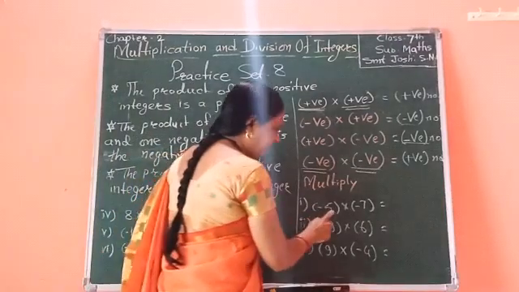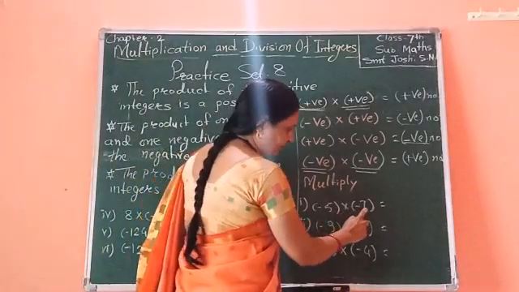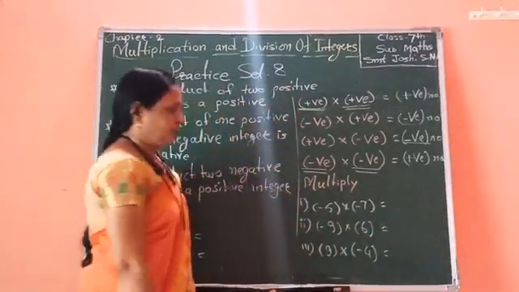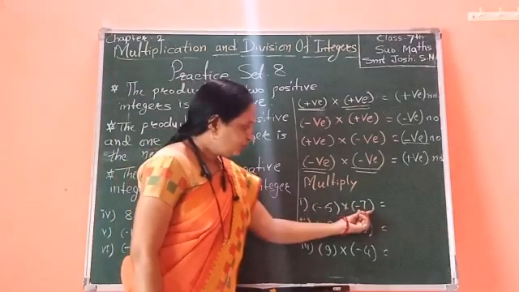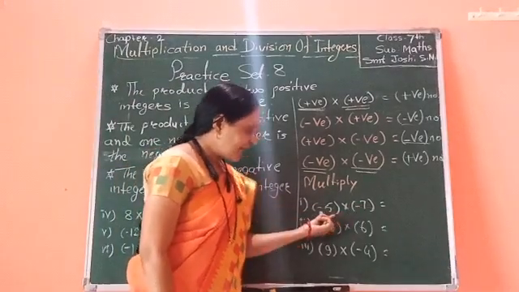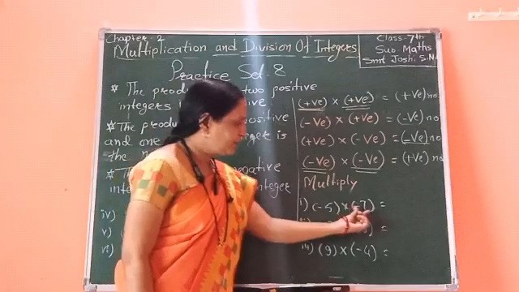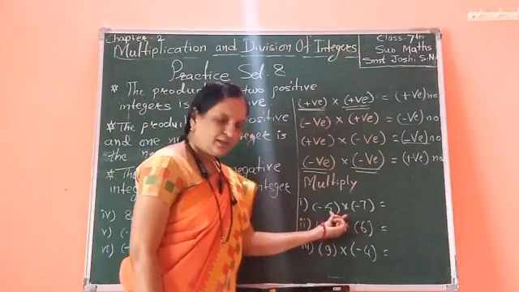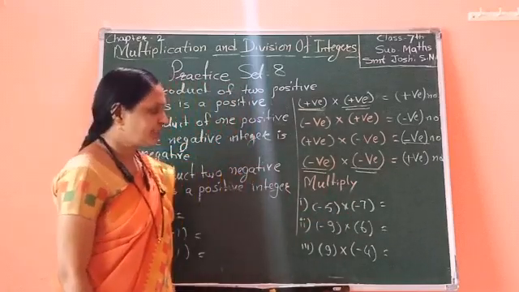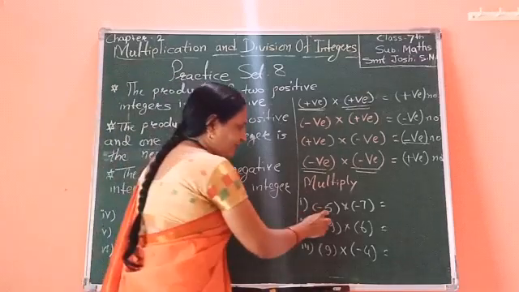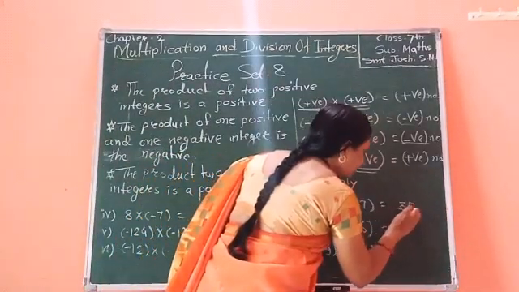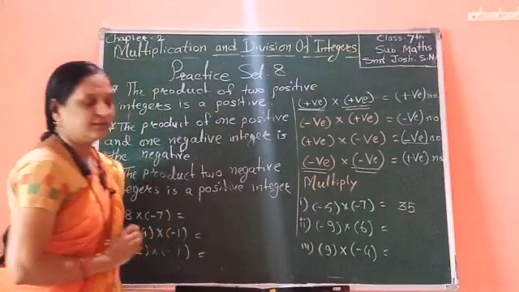First example, -5 into -7, means the given two integers are negative. Given two numbers are negative means the product is positive. 5 7s are 35. Answer is 35.